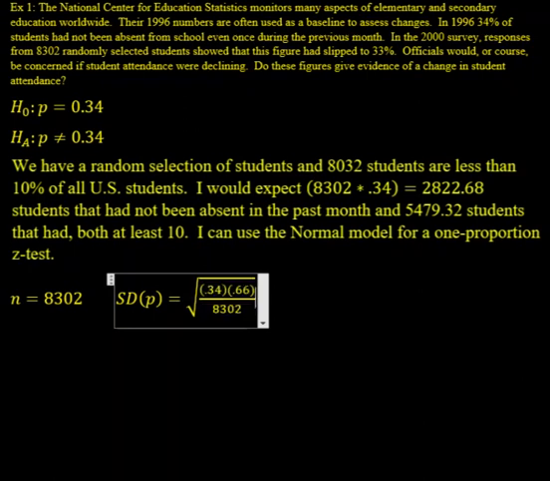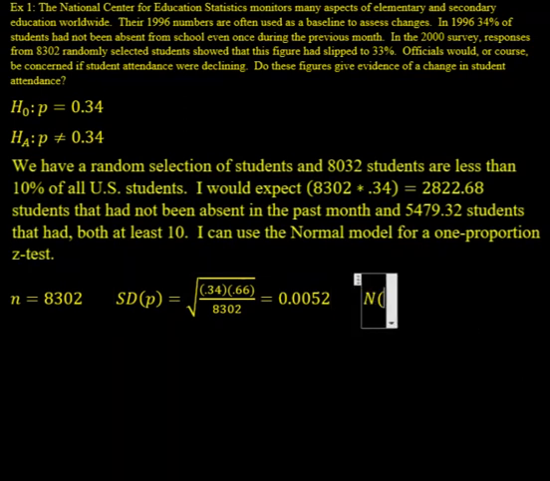So in a z-test, you're always checking the baseline value. Our normal model will be N(0.34, 0.0052).